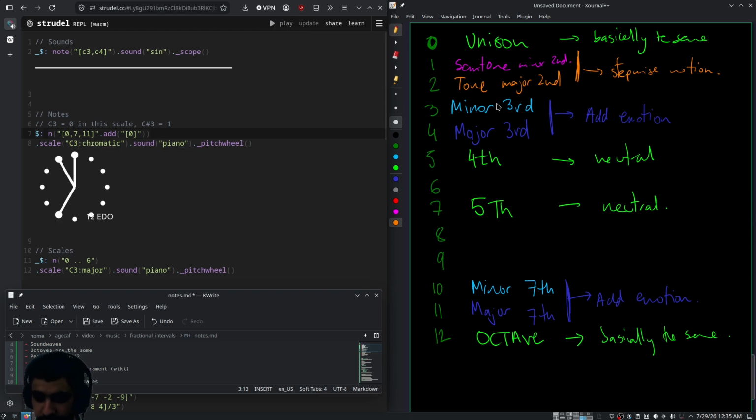Okay, let's fill in the gaps. I assume that you understand that between the fifth and the seventh should be the sixths. And they also have major and minor variations. The thing about these ones is that they usually work in inversions.